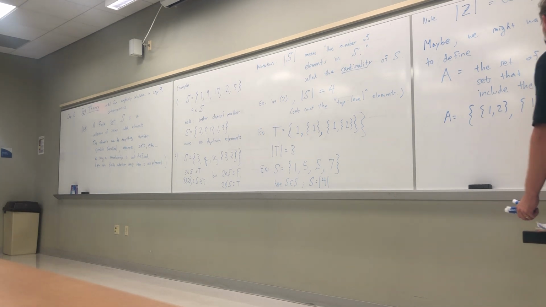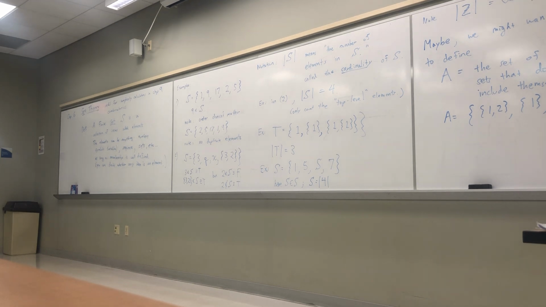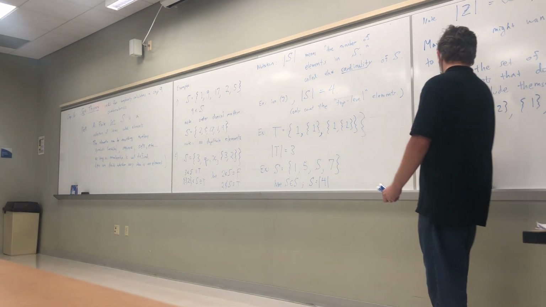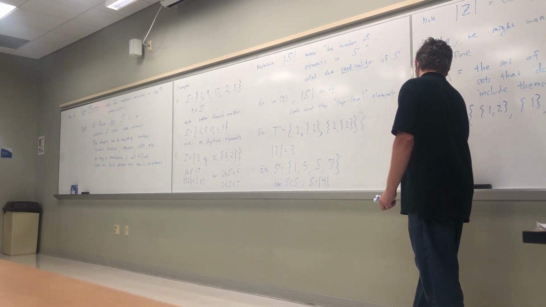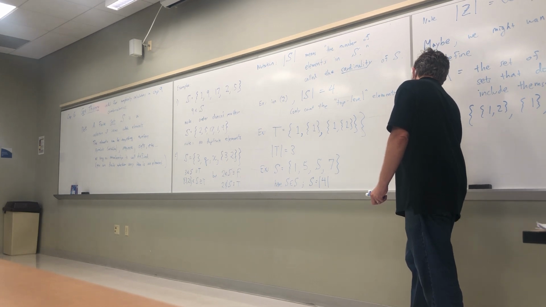So here's the thing. What about A? You could put A in there, but that's a problem. First of all, if I put A in there, then A includes itself. Is A an element of A?